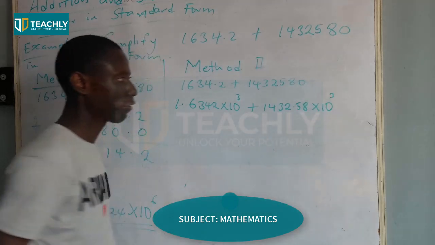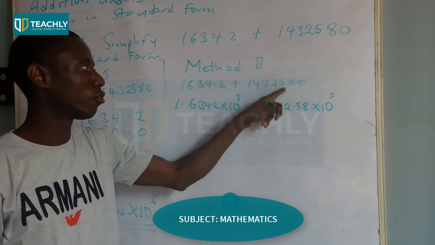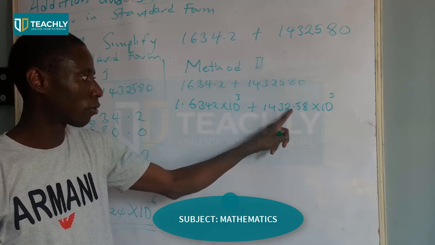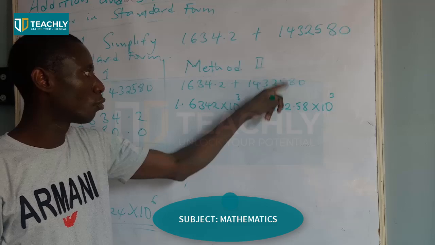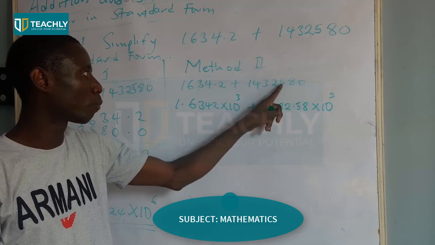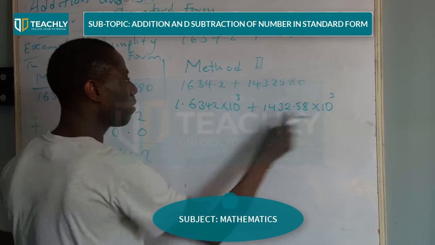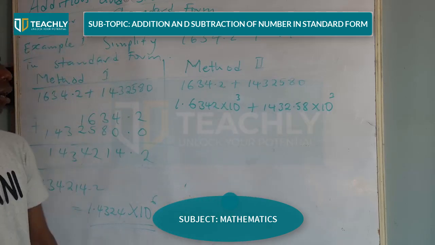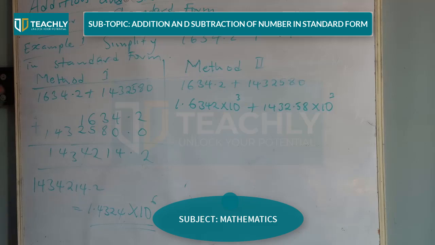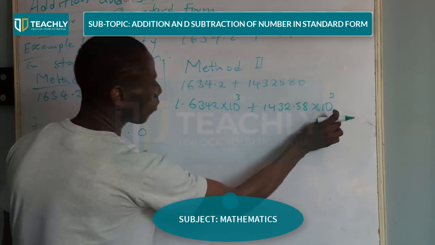I shift from here, 1, 2, 3 to the back of this, so you have 1432.58, with the decimal moved 3 times. Now they are in the same standard form. Let us now add. 10 to the power 3 is common, so you put them in a bracket.